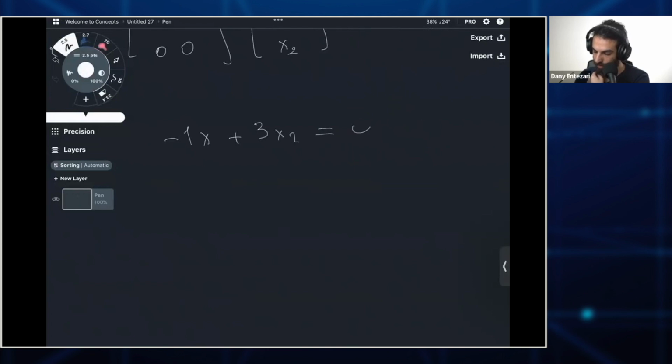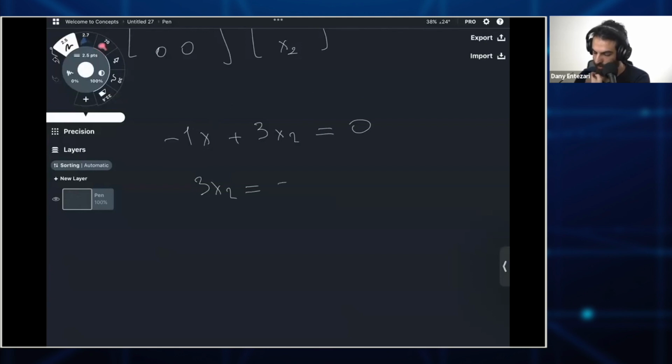I need to set this to 0 and then solve for x sub 1 and x sub 2. So what I can do is swap these. I can have 3 x sub 2 and then subtract -1 x sub 1 to bring this to the other side.